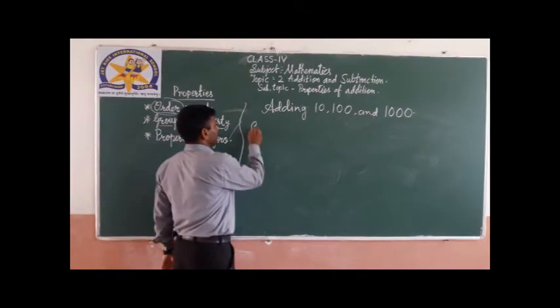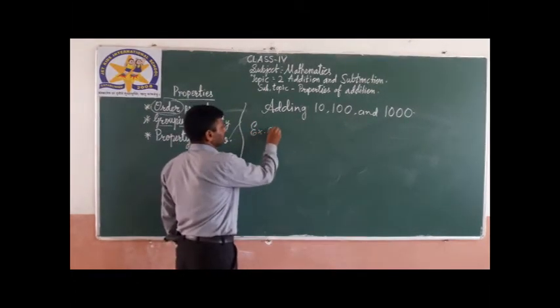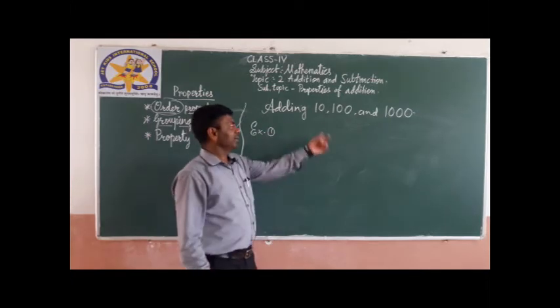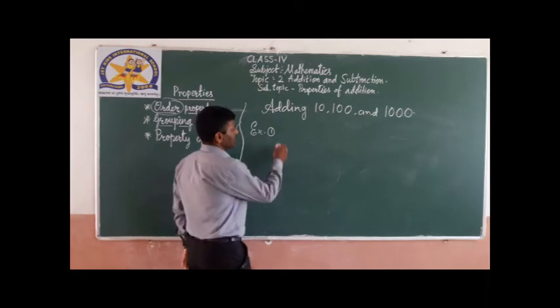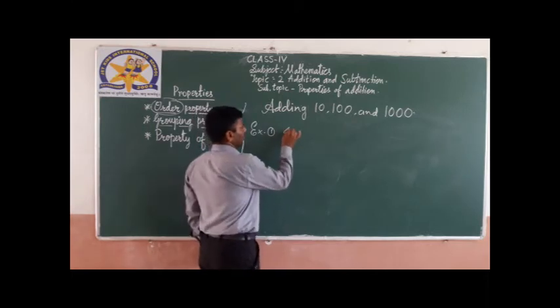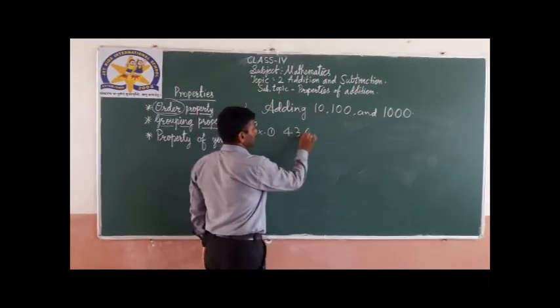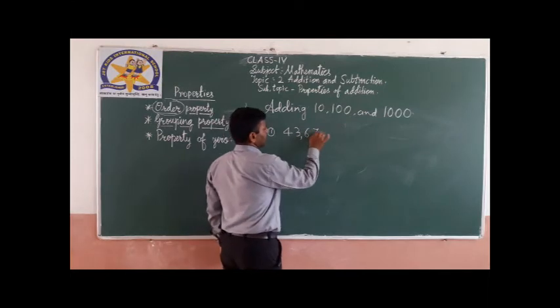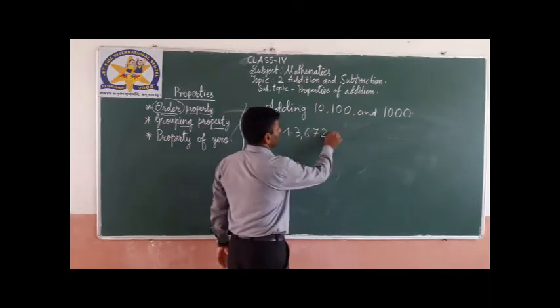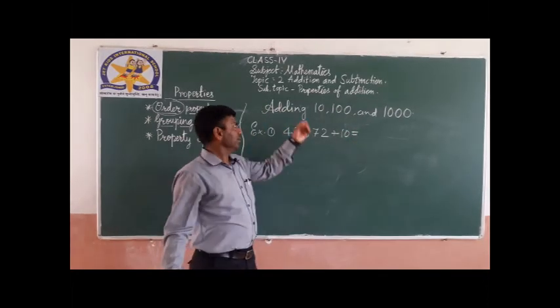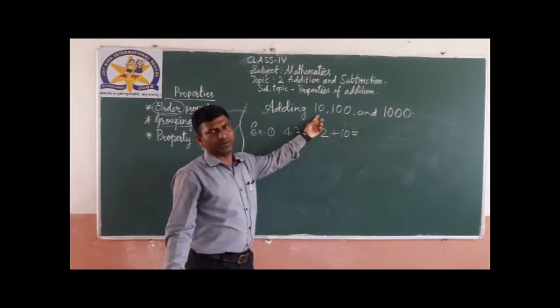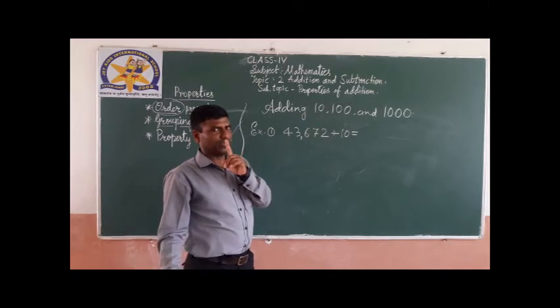See, for example, when we add 10 to a number, let's take 43,672 plus 10. 10 means tens place.